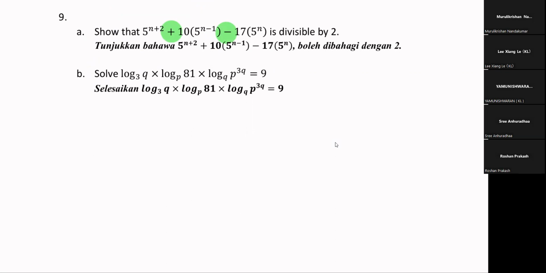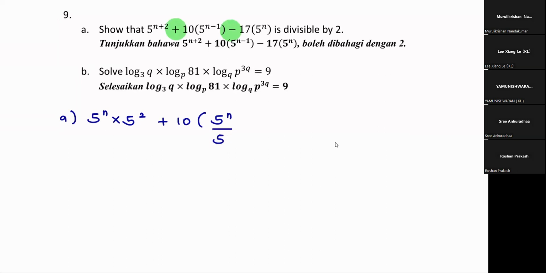So I'm going to break that one first. Look at the A. Okay, nampak?